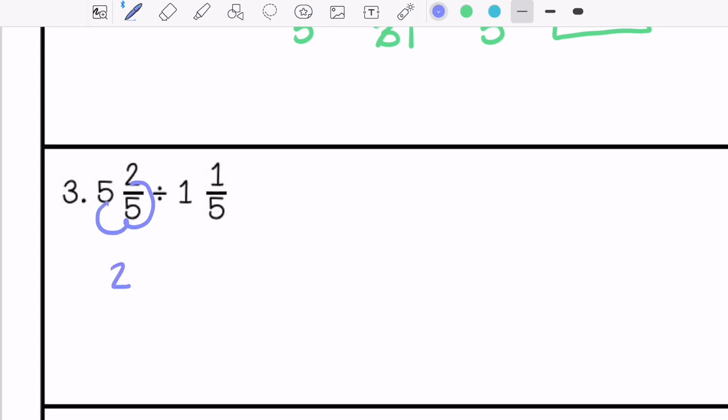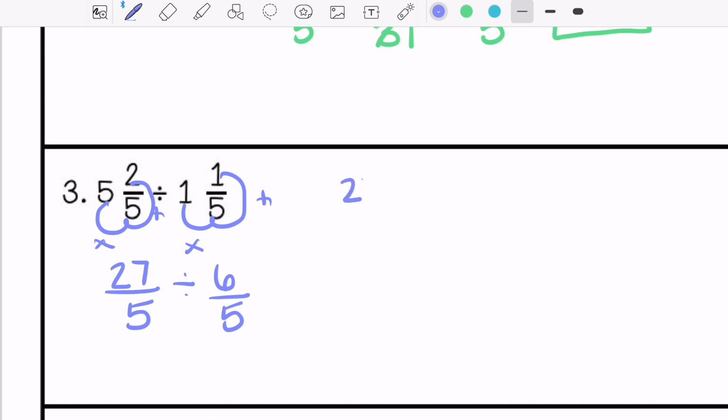All right, 27/5 divided by 6/5. So we will keep, change, flip. Greatest common factor between 5 and 5 is 5. There's no greatest common factor besides 1 between 27 and 6, so I'm going to just change those two.